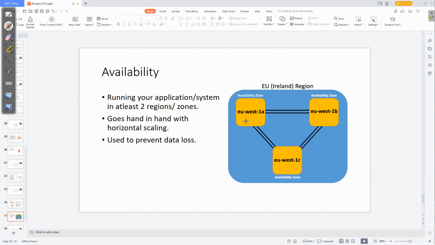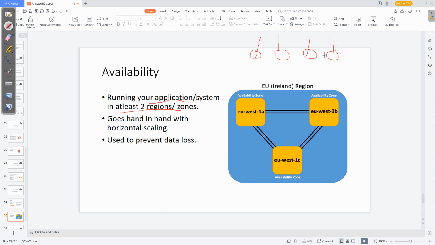Availability means running your applications or systems in at least two regions. In horizontal scaling, we increase the number of instances.